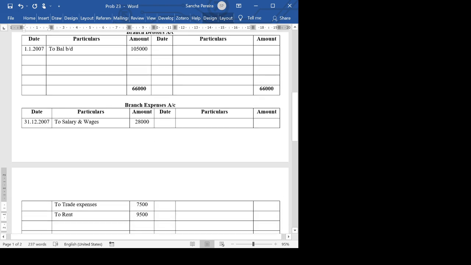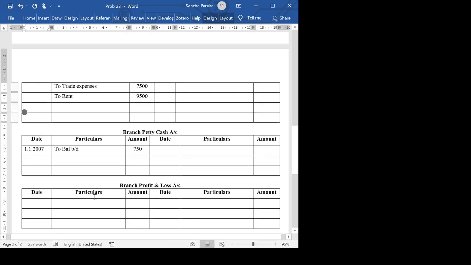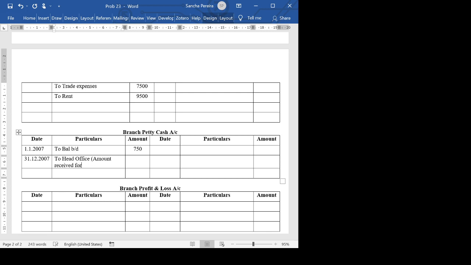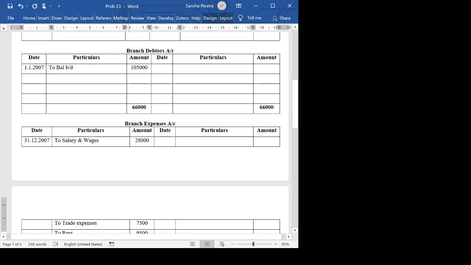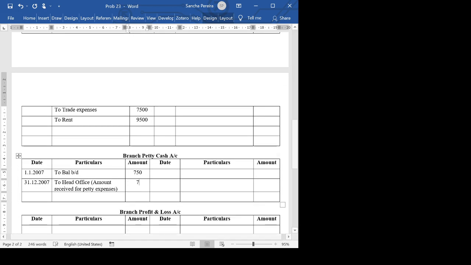So I will put it as in petty cash, to head office, amount received for petty expenses. And how much have they sent? They've sent an amount of 710.